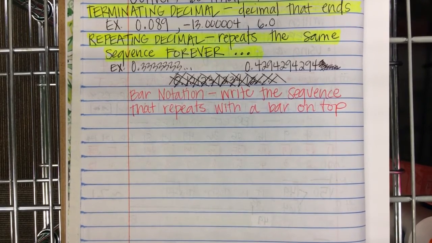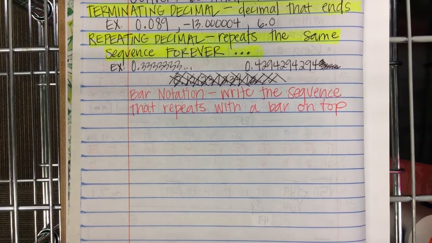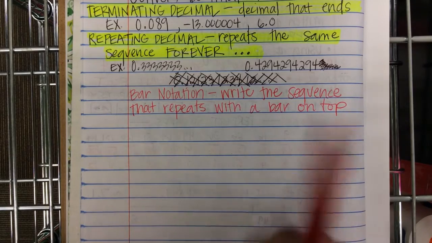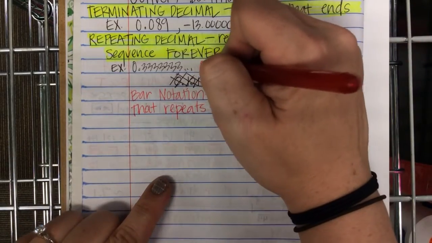You write the sequence that repeats with a bar on top. So instead of saying 0.33333333333 dot dot dot, I'm going to write 0.